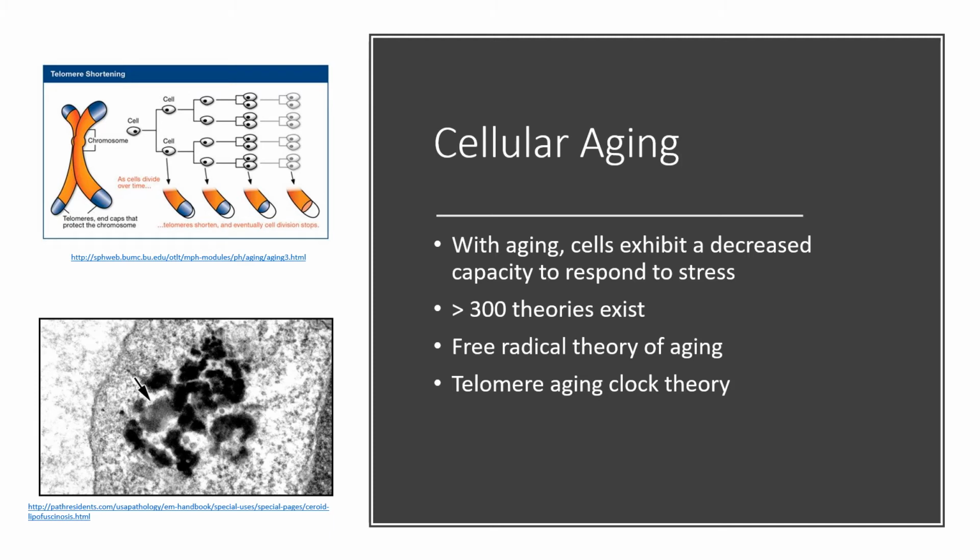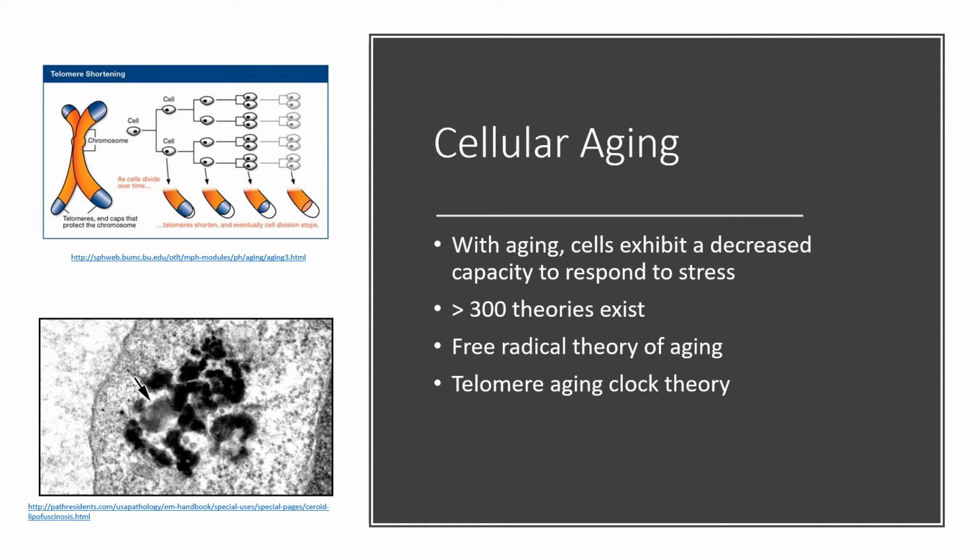The bottom left-hand picture is an image of an electron microscope. So again, diagnostic imaging, objective, objective, objective here. And you can see this kind of black stain in the middle of the organelle. And this is known as lipofuscin. And the presence of lipofuscin is the most well-described age-associated change in the subcellular structure.